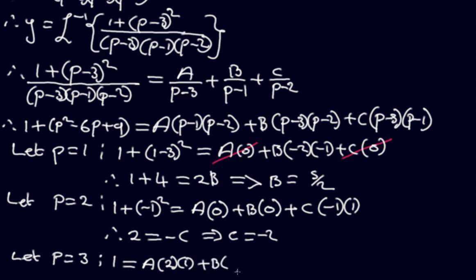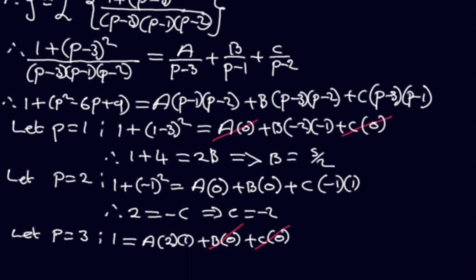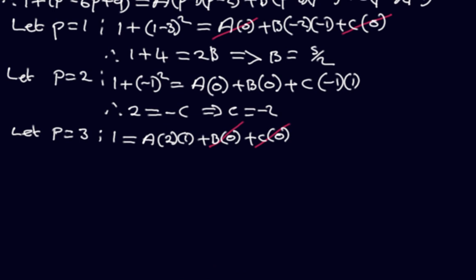plus b. b involves a p minus 3, therefore this is a 0, plus a c, which also is a 0. So again you can see the two terms will suffer, and when that happens, we then get only left with the a variable, which we can easily obtain.